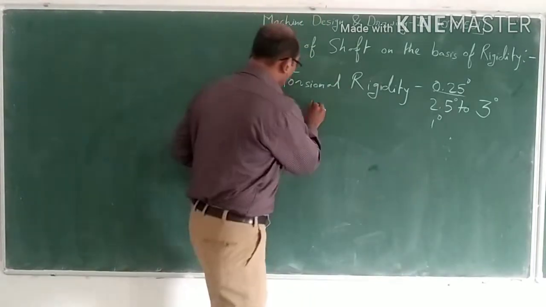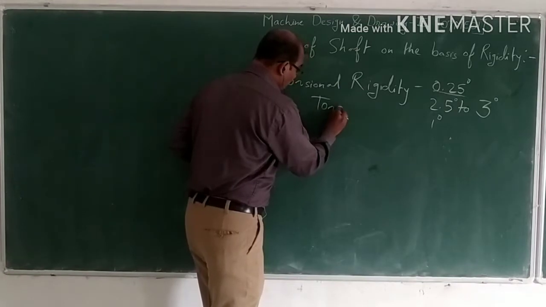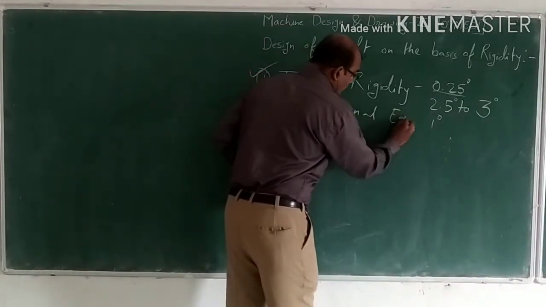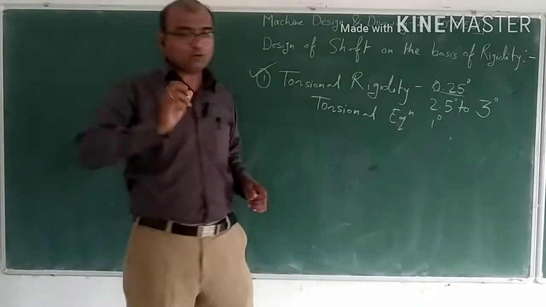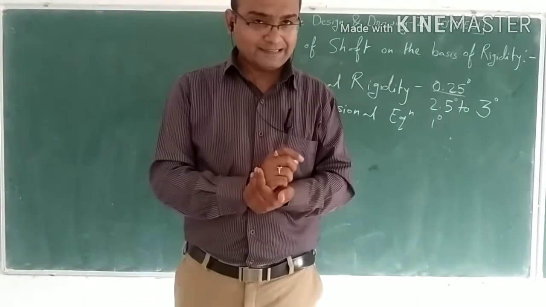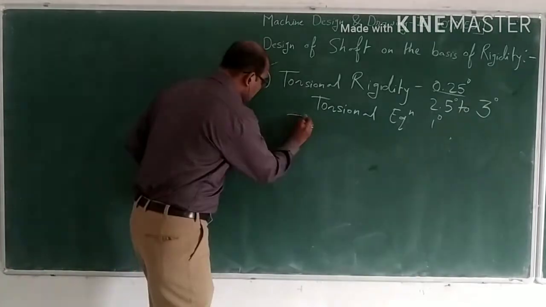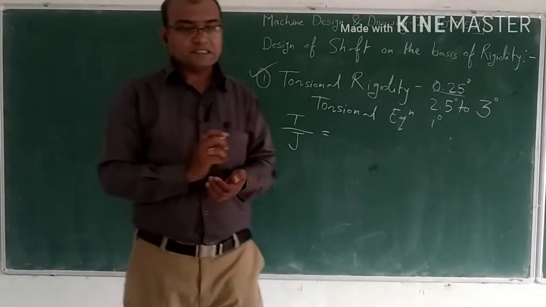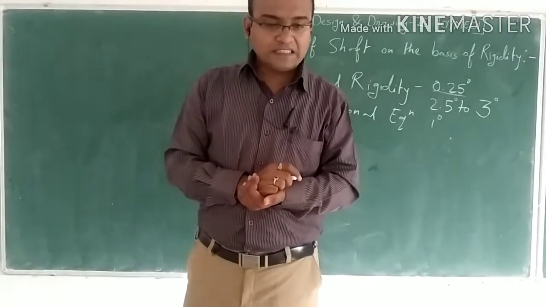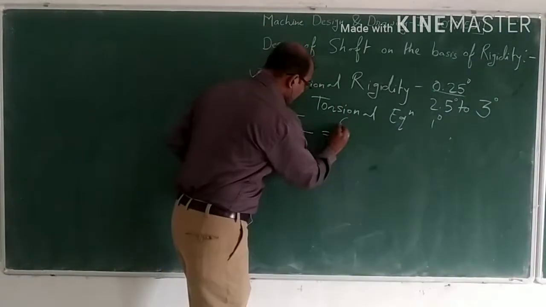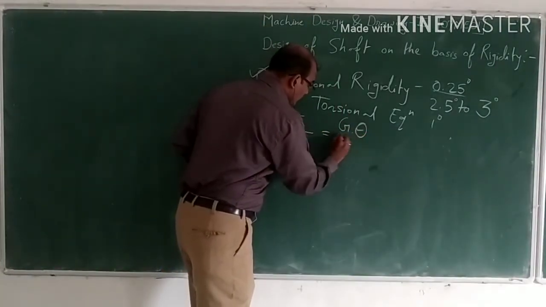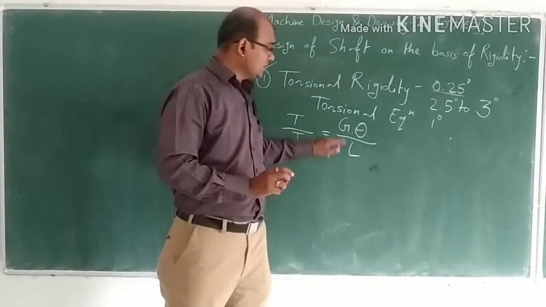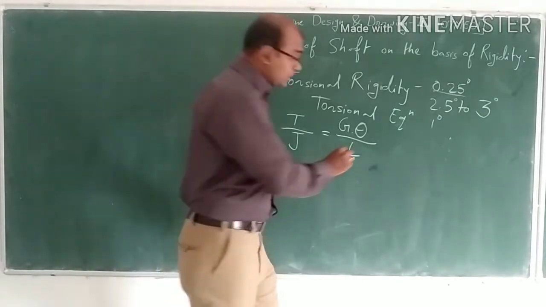What is the torsional equation? T by J equal to G theta upon L.